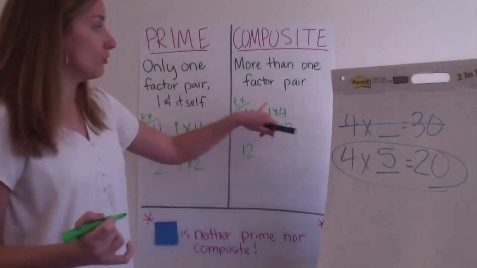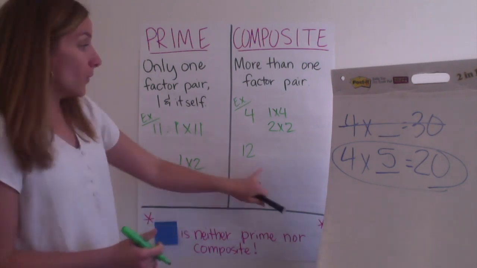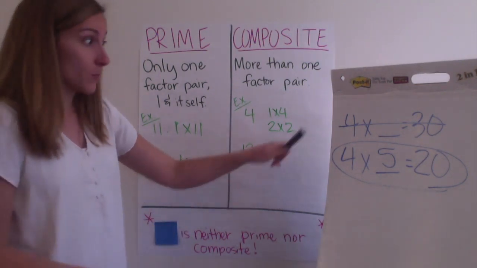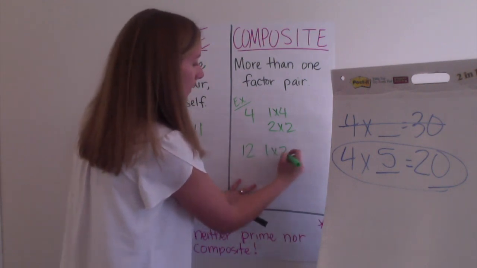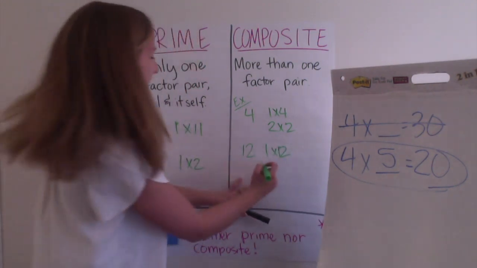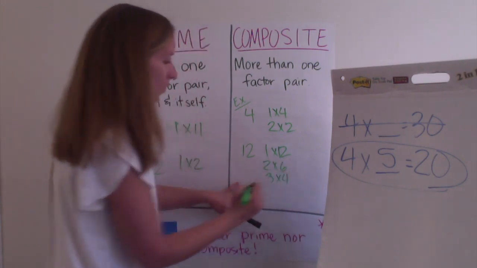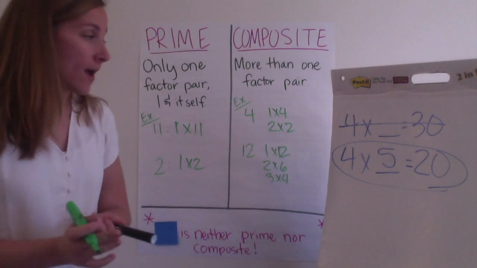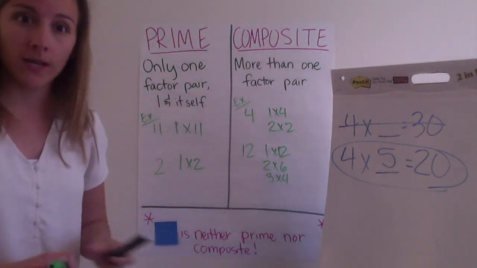Those would be my 2 factor pairs, so I have more than one factor pair there. On 12, there are a lot of factor pairs on this one, and we did it earlier, so we could say 1 times 12, 2 times 6, 3 times 4. So those would be your factor pairs of 12, making it composite because there's more than one, if that makes sense.